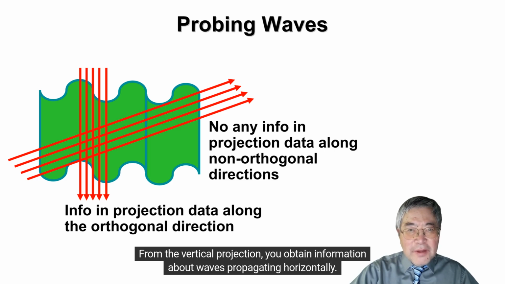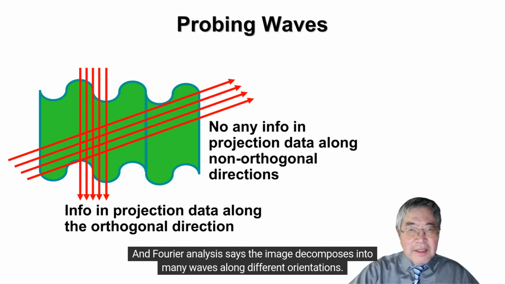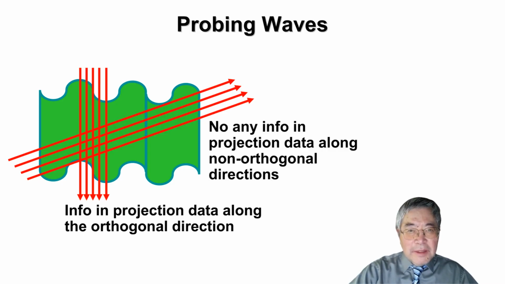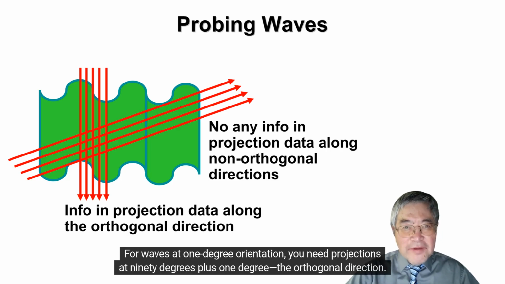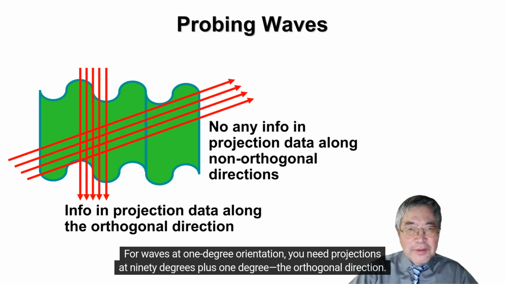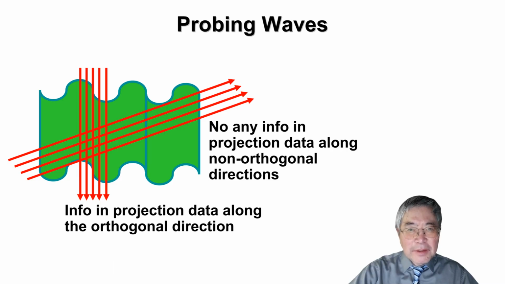From the vertical projection, you obtain information about waves propagating horizontally. And Fourier analysis says the image decomposes into many waves along different orientations. So to get horizontal waves, you use vertical projections. For waves at 1 degree orientation, you need projections at 90 degrees plus 1 degree, the orthogonal direction.